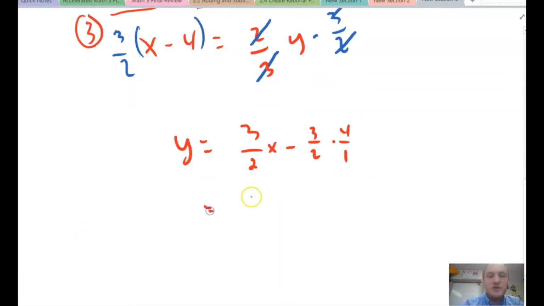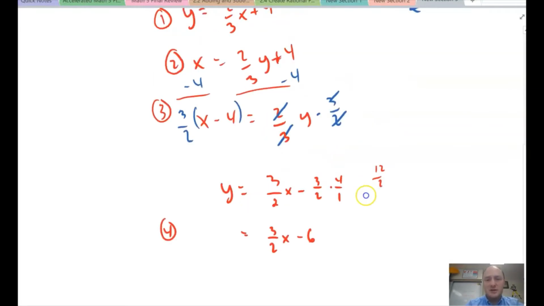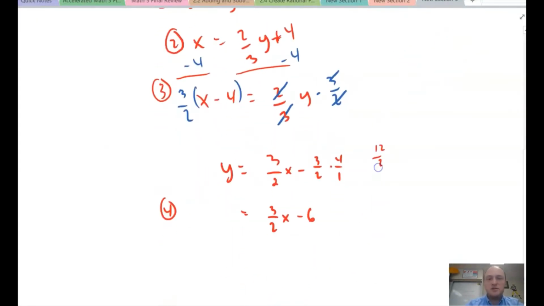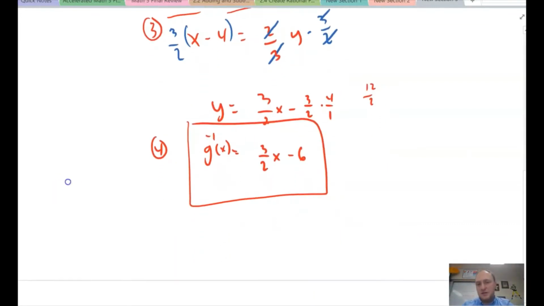And we just get 3/2 x minus, this is going to be 12 over 2, so that's 6, minus 6. This is almost our answer, step 4. We want this to be in inverse notation. So our function is called g, so what do you think our inverse function is going to be called? g inverse of x. So there's your inverse notation.